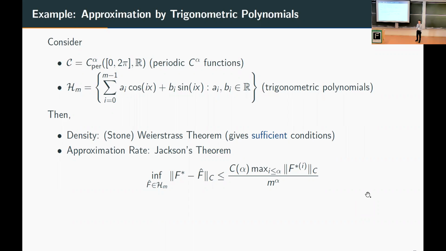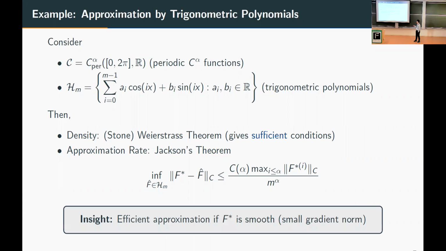This is well known in approximation theory. So smooth functions are simple, and of course you have M to the alpha, which tells you that the rate becomes faster if you have a smoother function. The insight here is that efficient approximation is possible if the function is smooth and has small gradient norm. And in fact, you can prove the only-if statement as well. So that's one example.